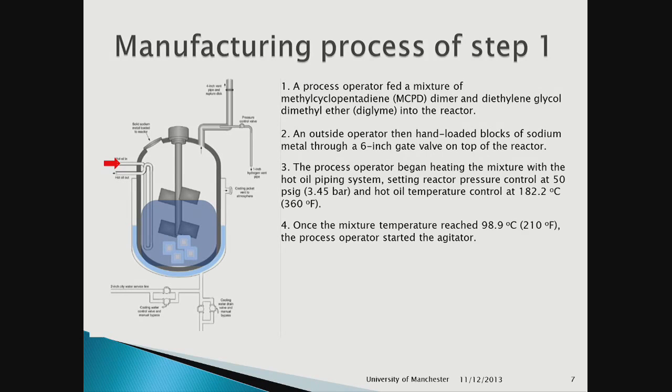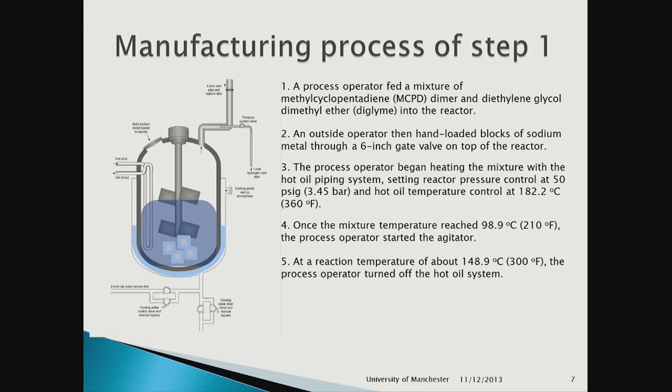50 psi, 3 bar. Hot oil control at 182. Once the mixture reached 210 Fahrenheit, or 98.9 degrees C, or 100 degrees C, the process operator started the agitator. At a temperature of about 150 degrees C, the process operator turned off the hot oil because he doesn't need to kickstart it anymore. Remember, we talk about kickstarting reactions, and then we've gone to the cooling system.